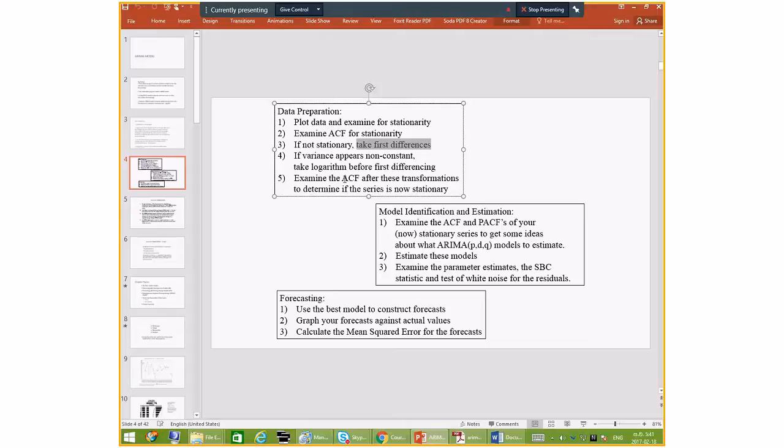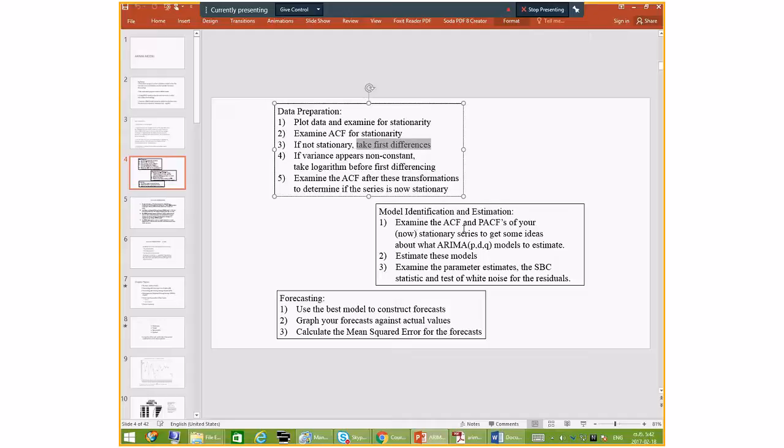Normally, in time series data or finance data, before taking the first difference, transform the data series to logarithms. Then, after the transformation, examine the autocorrelation function to determine whether the series is stationary or not. The next step is model identification.